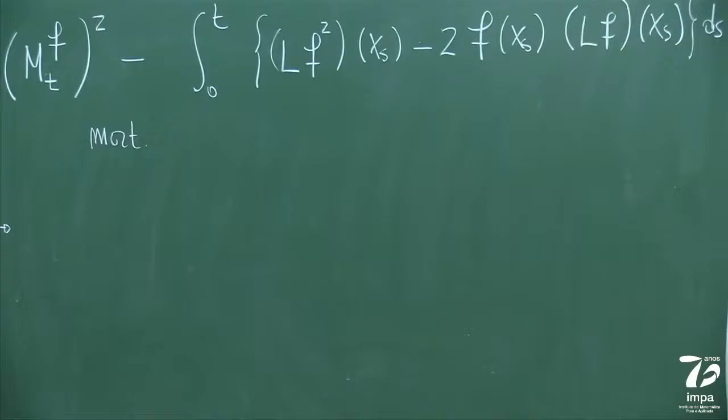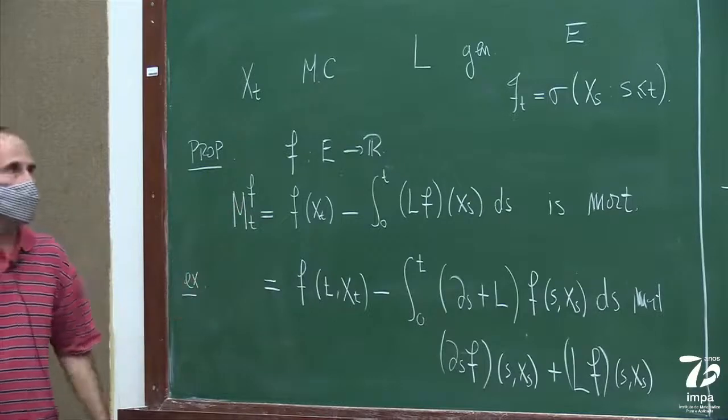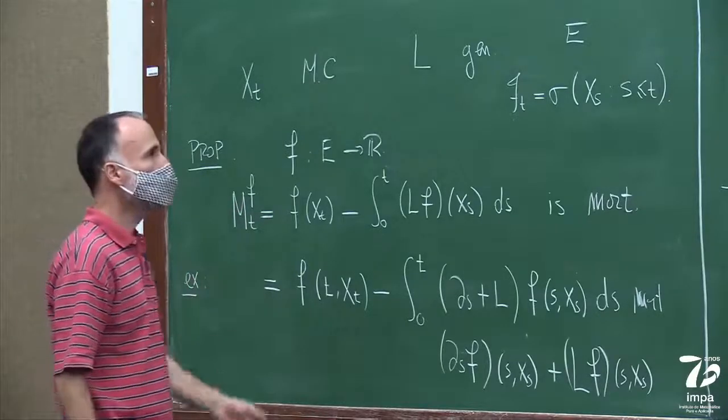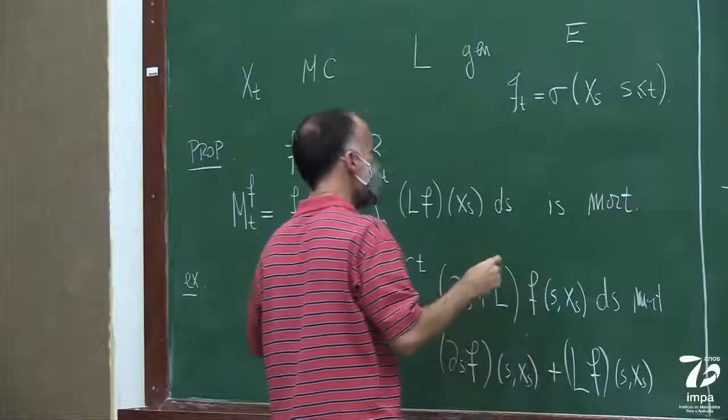In order to prove that, well, I have M^f, it's given by this formula. Let's expand this square. So when I expand this square, I will just consider the first term, and I want to produce martingales. So if I consider the first term, it's the square of this difference.